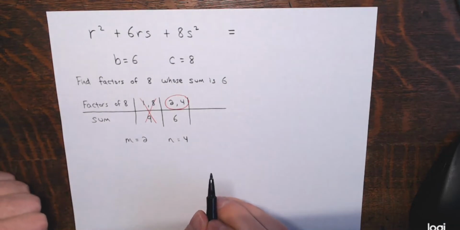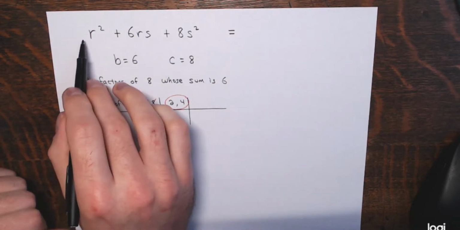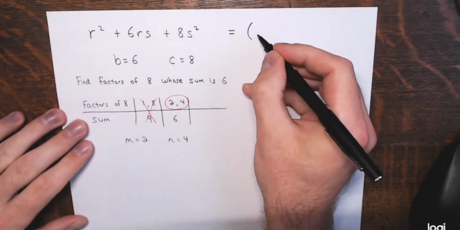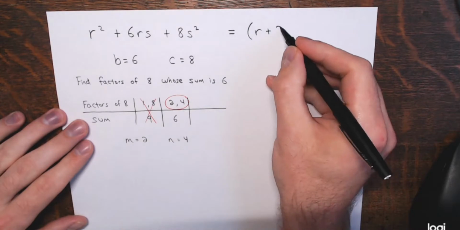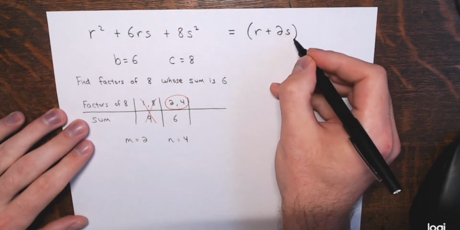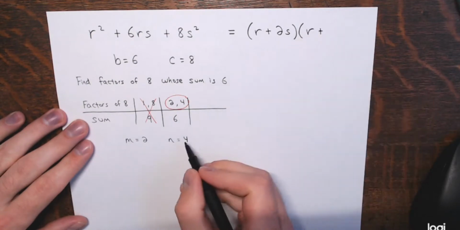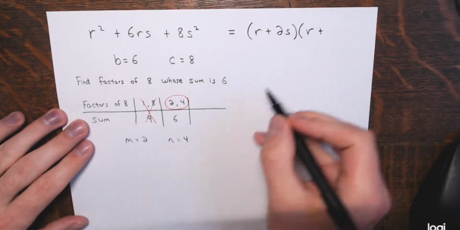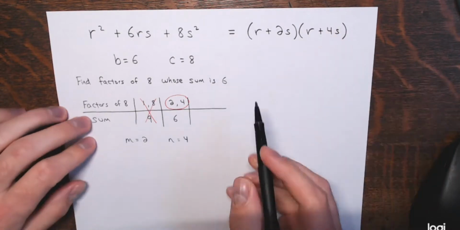If it's in one of these special trinomial forms with a lead coefficient of 1, this will factor to r plus 2s times the other factor, r plus 4s, using the other factor of 8. And there we go.